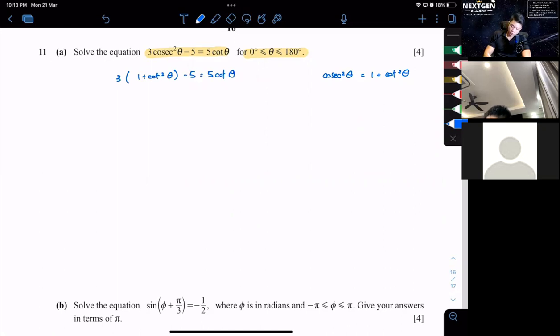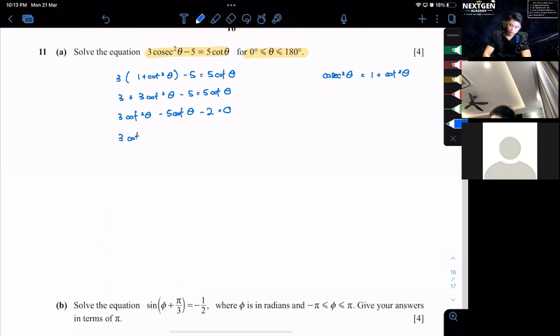Okay, so this will be 3 plus 3 cot square theta minus 5 equals 5 cotangent theta. 3 cotangent square theta minus 5 cotangent theta minus 2 equals 0. Okay, we can treat this as a quadratic equation.